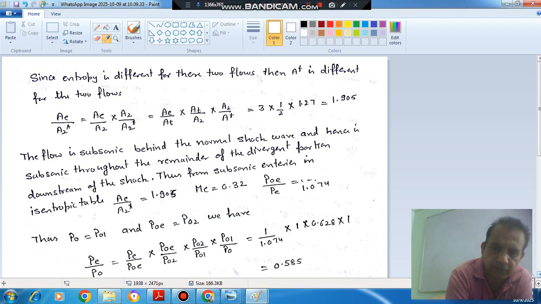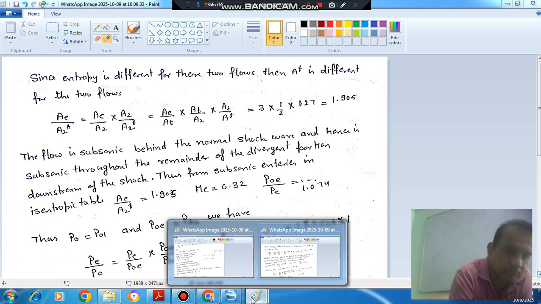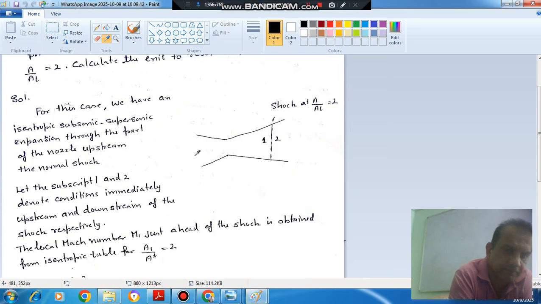So P01 by P02 we have, and P01 and P0 are the same stagnation pressure. In section 1 it is P01, these are the same. So now PE by P0 or P01, where P0 is just the stagnation pressure at the reservoir, and P01 is the stagnation pressure, that is the same.